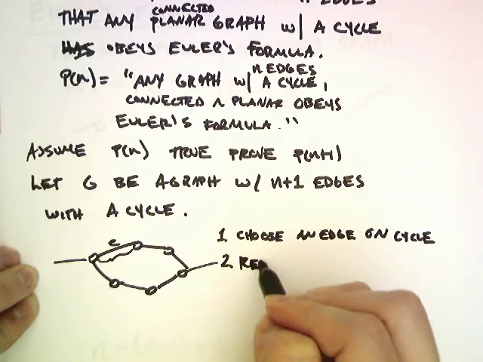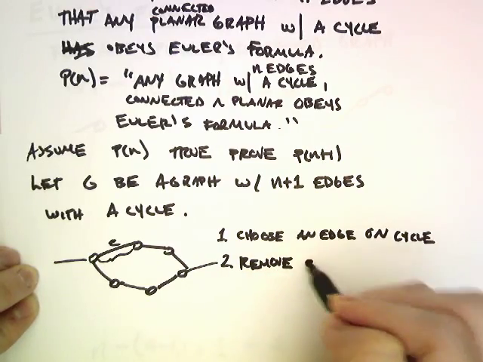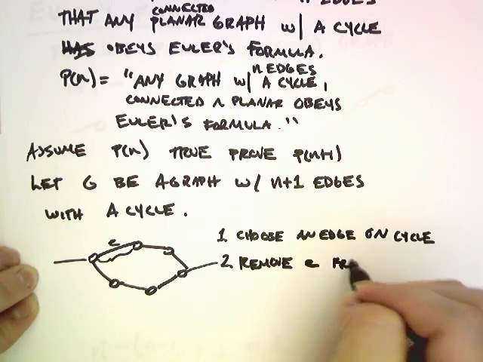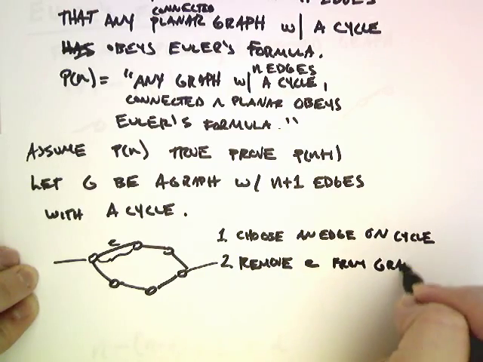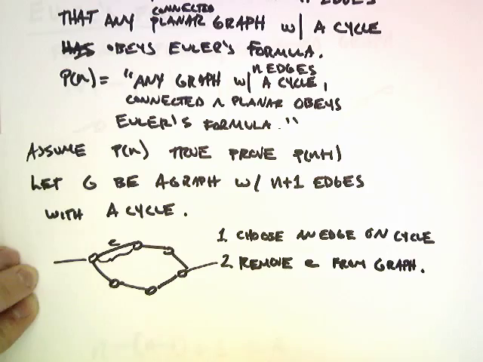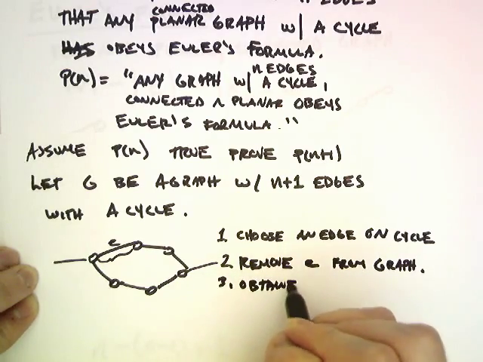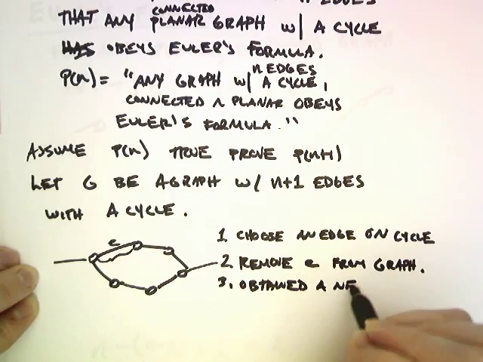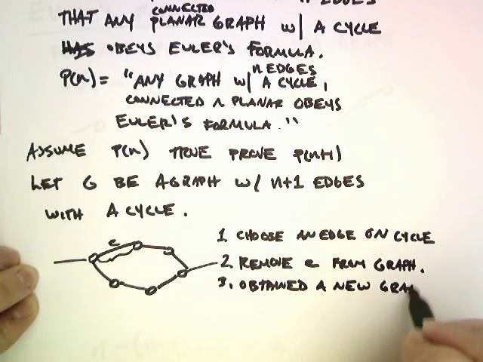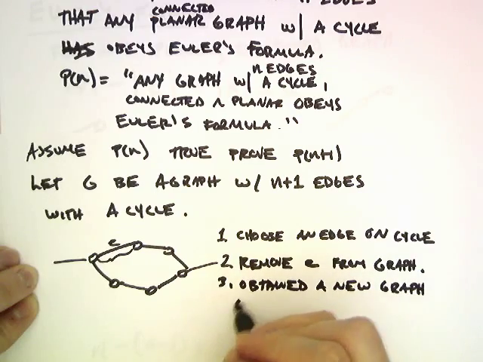So remove E from the graph. Okay, and now we've obtained a new graph. Let's call it G prime.